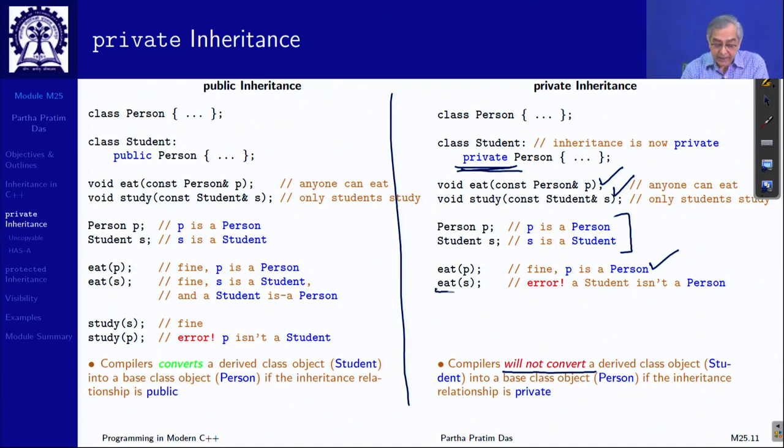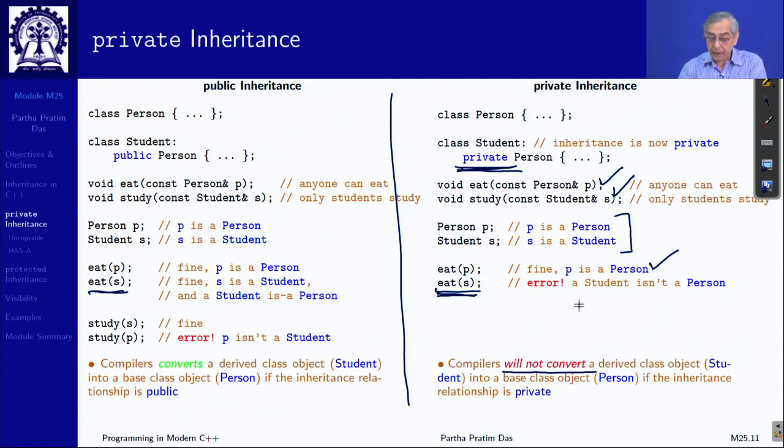So, look at the eat S between these two. It was fine on the left because student is a specialization of person. Here it is merely a matter of syntax and certain semantics, but it is not modeling specialization.